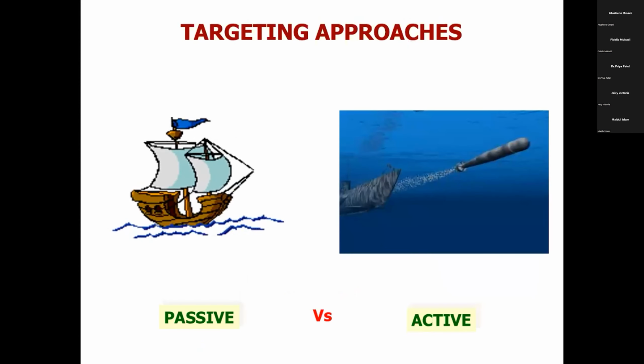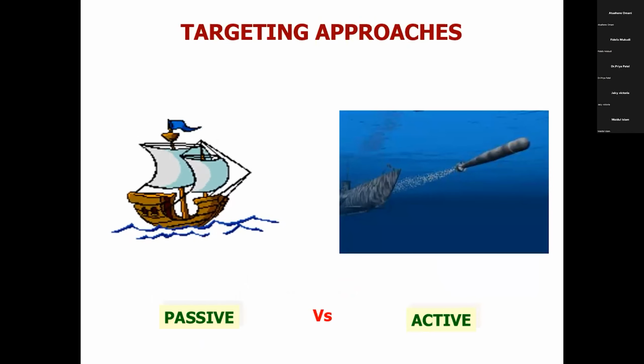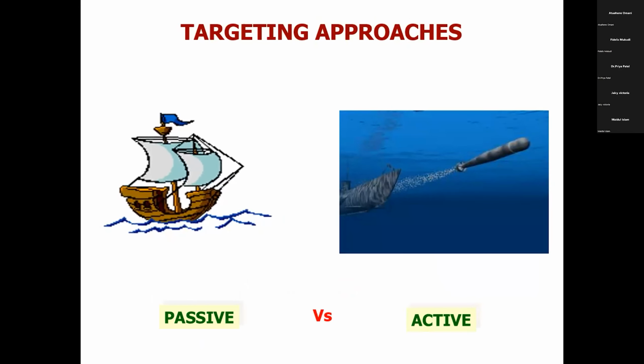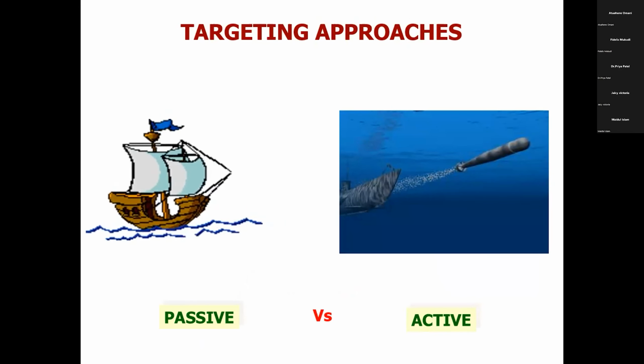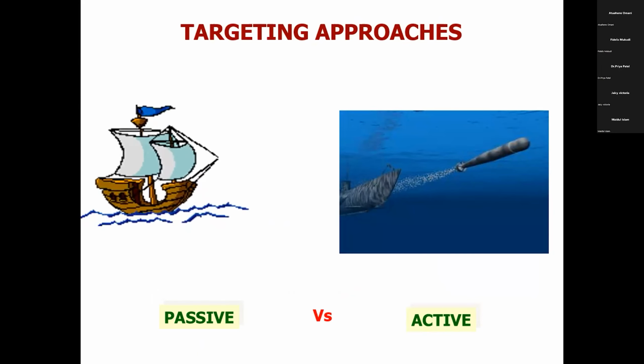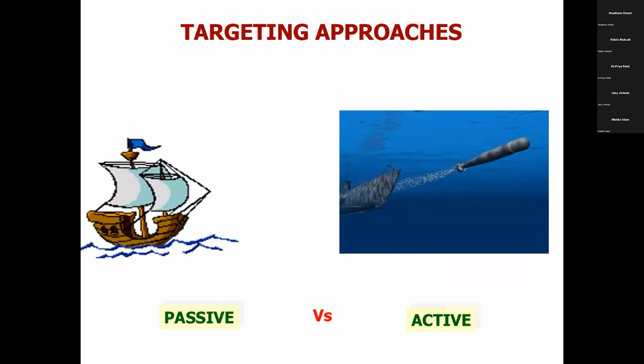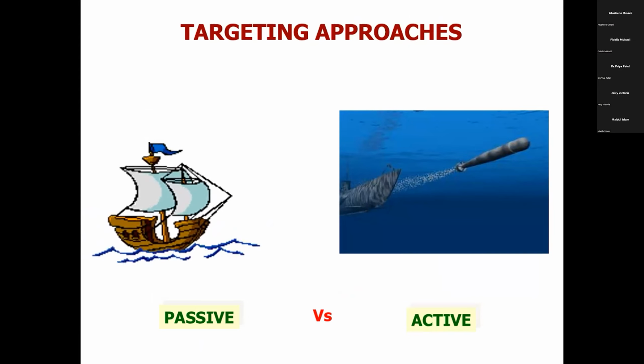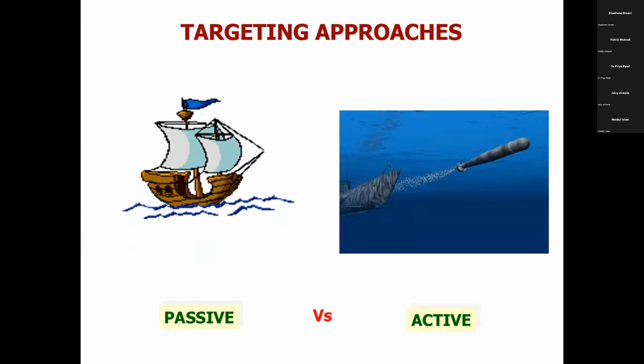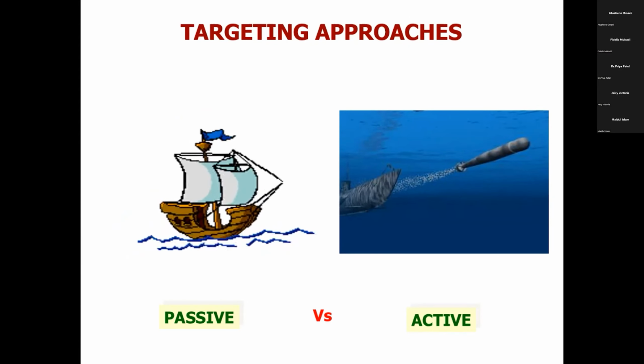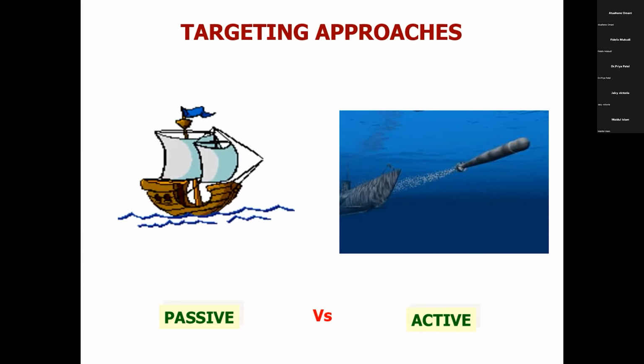So, taking a view of this targeting approach, mainly for pharmaceutical formulations, 2 targeting approaches were developed: passive as well as active. The passive targeting approach depends on the circulation time of the formulations through the body.